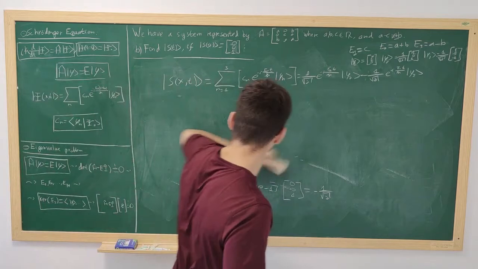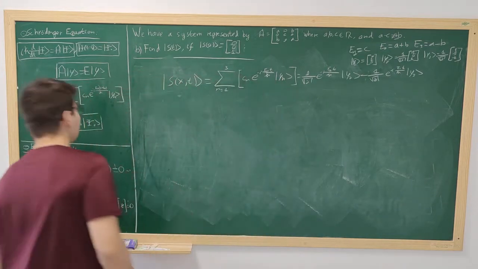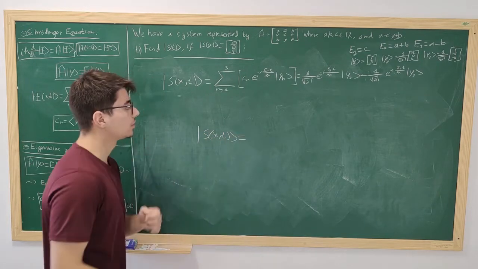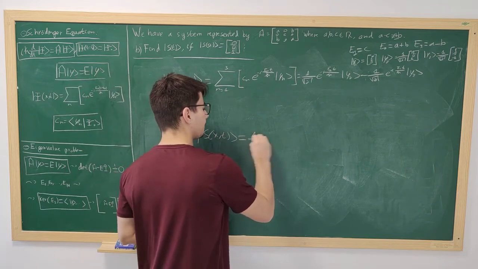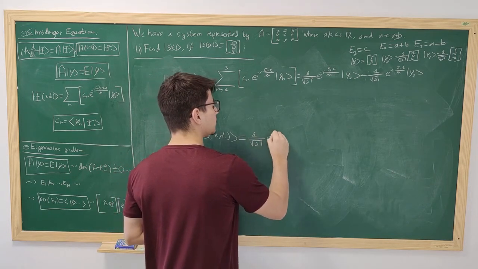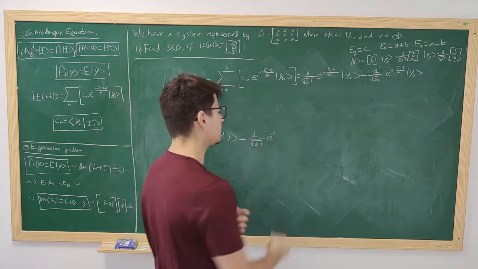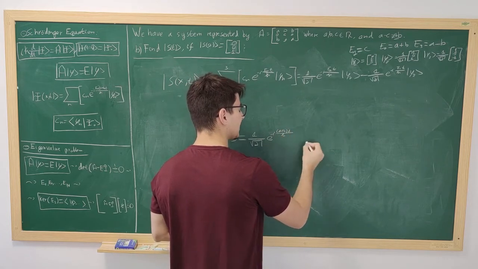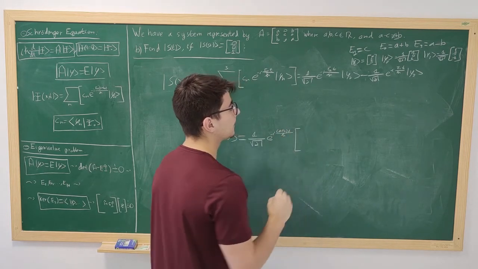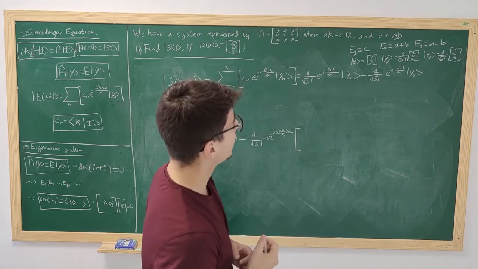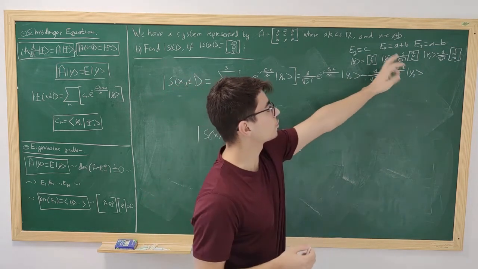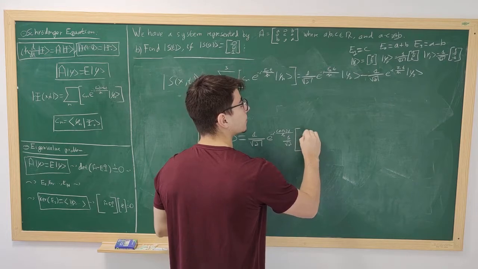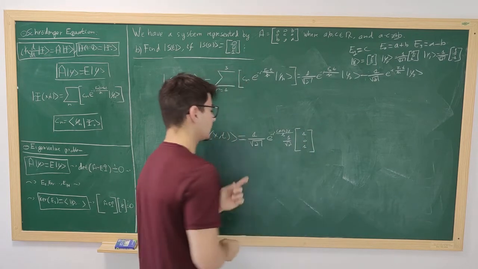So let's just write it a bit nicer and we will be done. The time evolution is just 1 over the square root of 2 of e to the minus i. E2 is just a plus b, so we can write a plus b, t over h bar, times phi 2. And yes, phi 2 is just 1 over the square root of 2 times 1, 0, 1, like this.